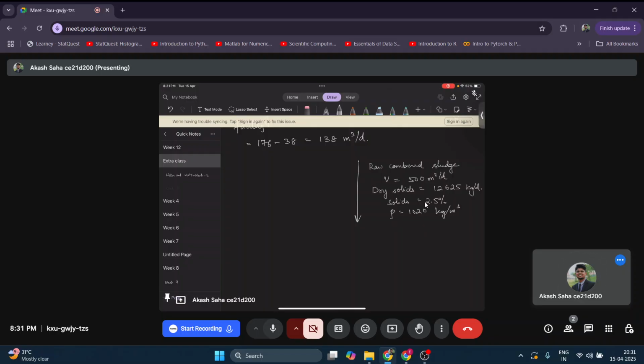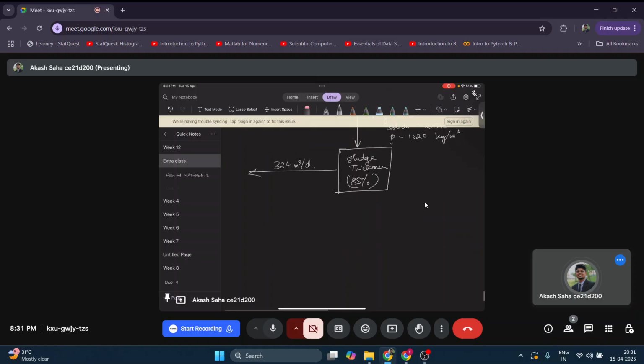So it is going into a sludge thickener where 85% is being captured. The flow coming out will be 324 meter cube per day, and from here some thickened sludge will be coming out.